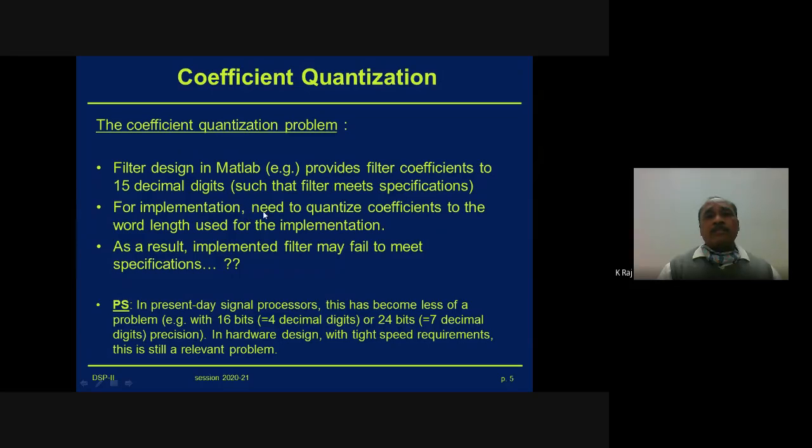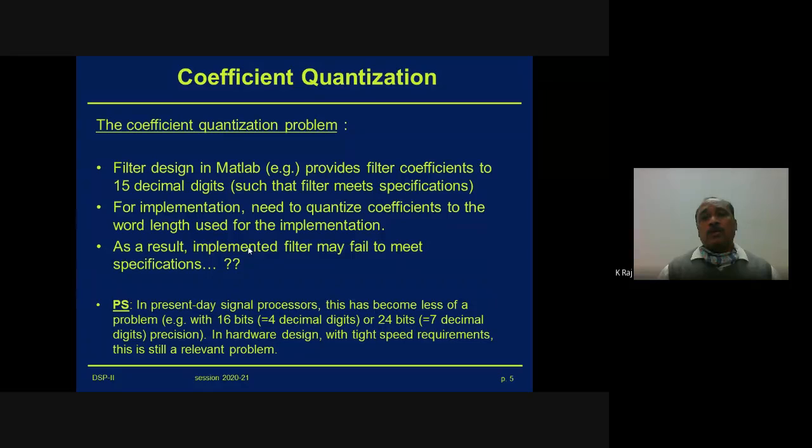For implementation, we need to quantize the coefficients to the word length used. If we are using a particular platform or processor, then the word length decided by that platform or processor will decide the word length of the coefficients or signals to be represented.